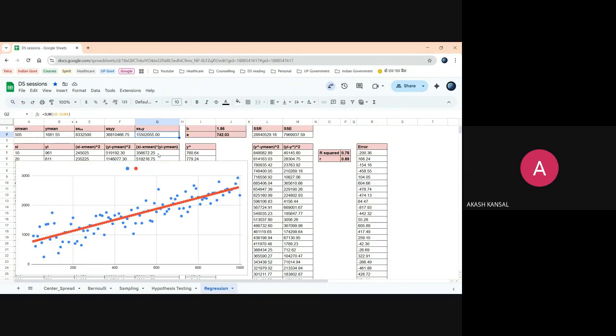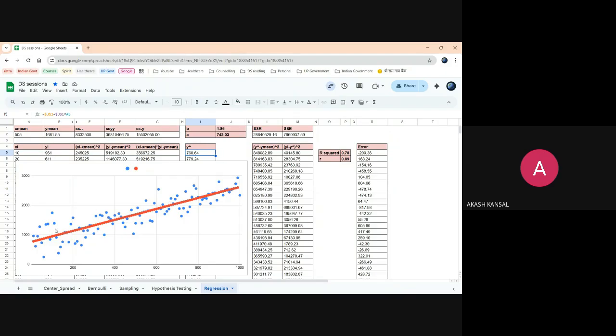Based on all of these, I get the b and a values: b is SSxy upon SSxx, and a is calculated using b and the means. Once I have them, I get the predicted values, the regression line, which is this red line.